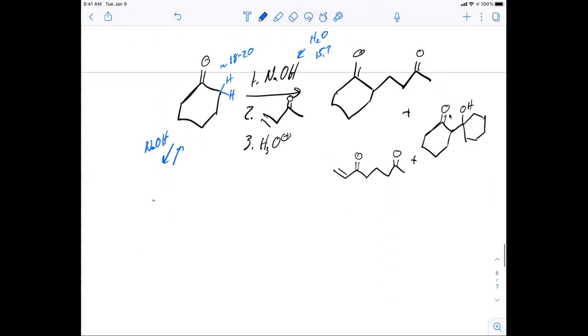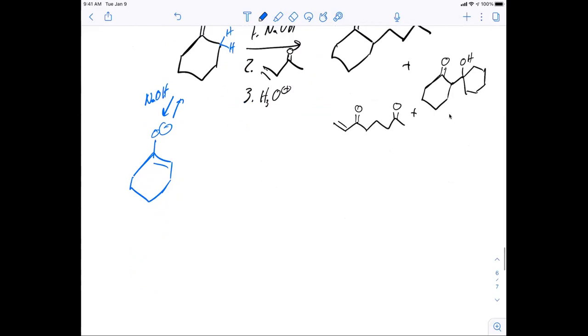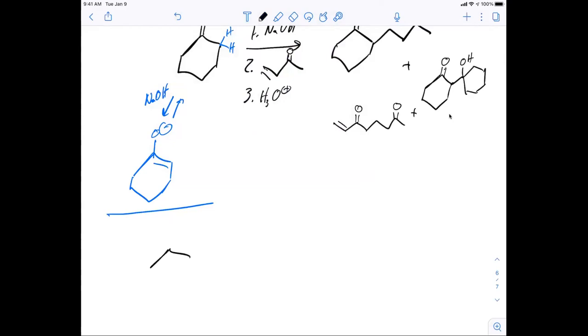I'm going to end up with both the enolate and the original ketone in solution. So it would be great if we could do a Michael addition with just a single carbonyl species. But the problem with a straight Michael addition type process is that I'm not forming a quantitative enolate. And since I'm not forming the quantitative enolate, I can end up with a mixture of products. So that's where the Stork-enamine comes in. What we do with the Stork-enamine reaction is, instead of trying to form the enolate, we form the enamine.